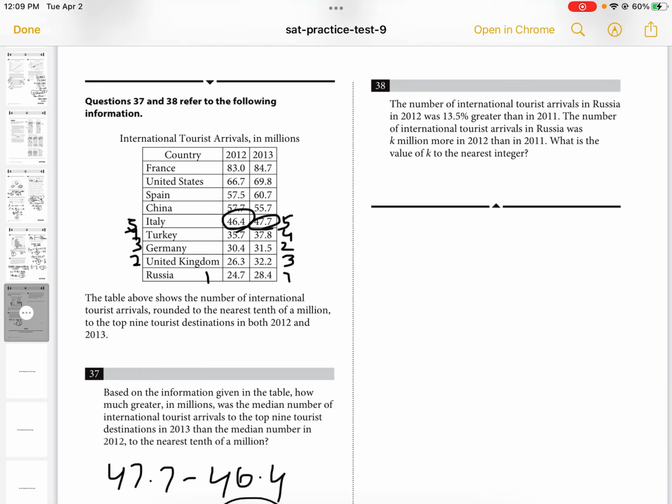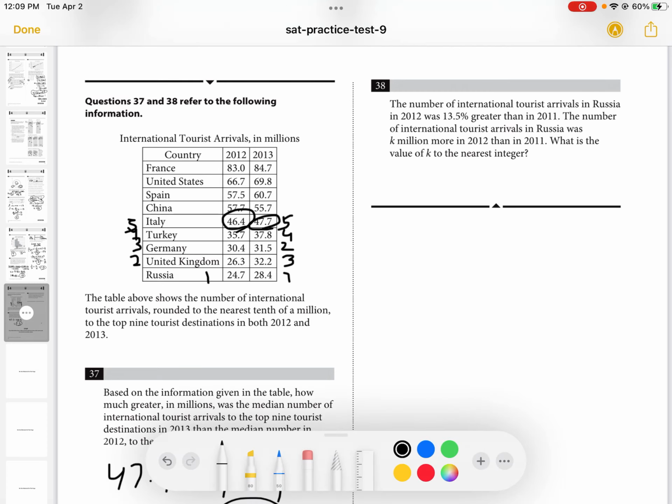Okay. Number 38. The number of international tourist arrivals in Russia in 2012 was 13.5% greater than in 2011. The number of international tourist arrivals in Russia was k million more in 2012 than in 2011. What was the value of k to the nearest integer?